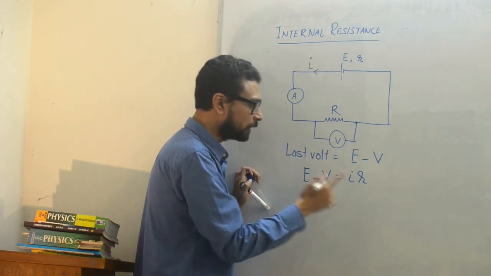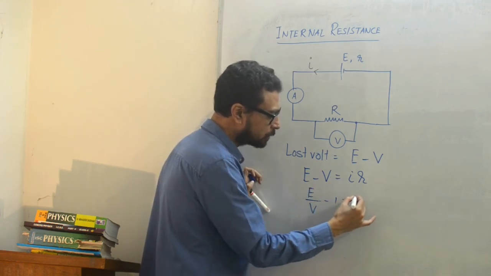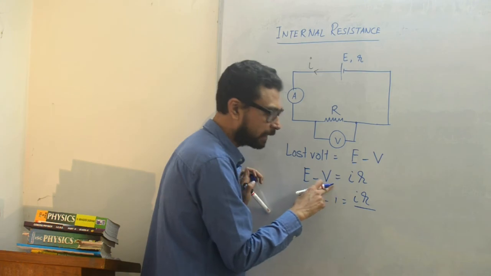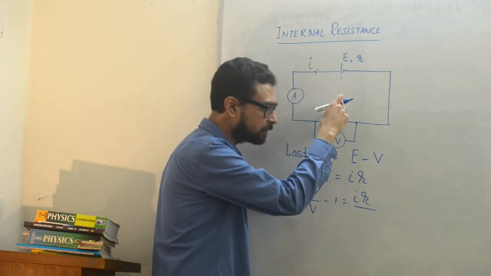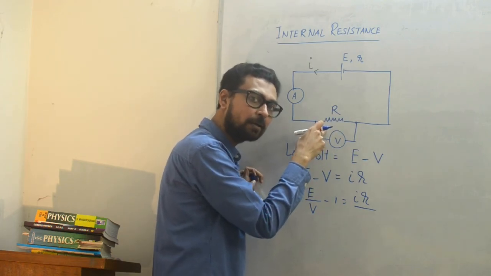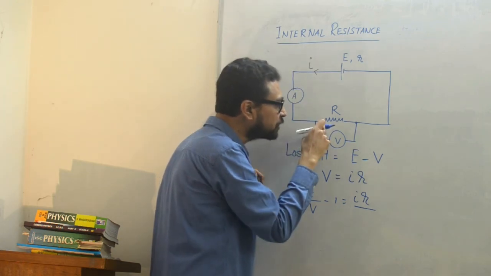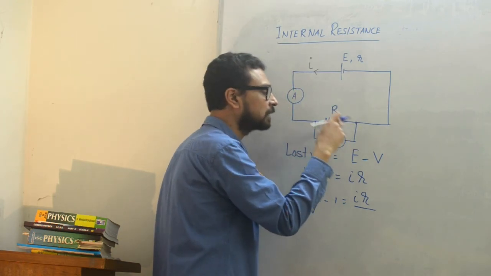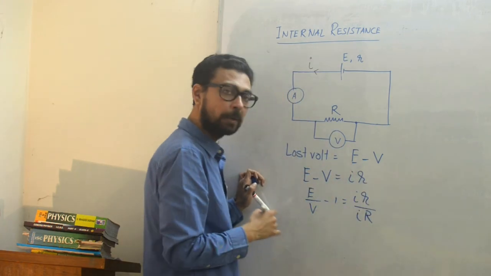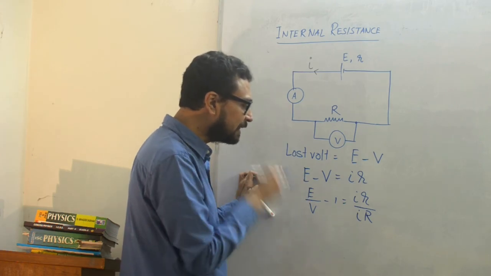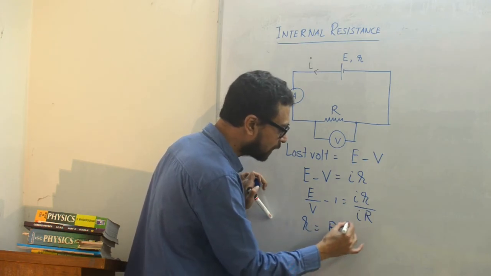What we can do is very simple: divide the whole thing by capital V, and you know that capital V is equal to I into capital R, because this is the potential drop across this resistance, connected in parallel across it. So the potential we obtain in the circuit is V, equal to small i into capital R.